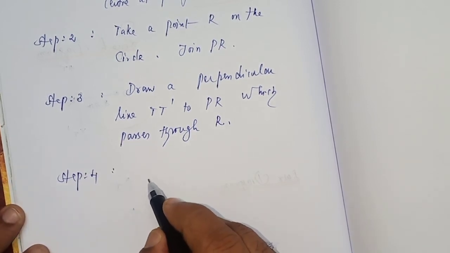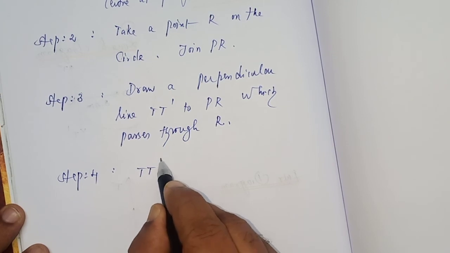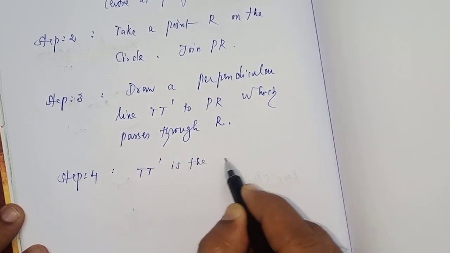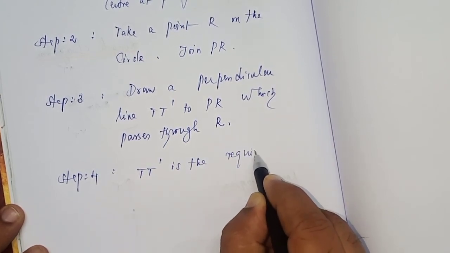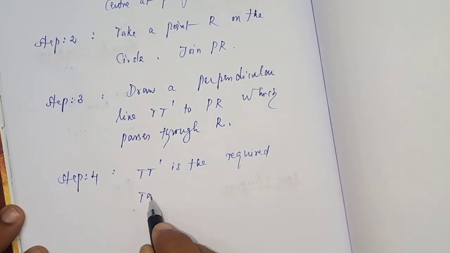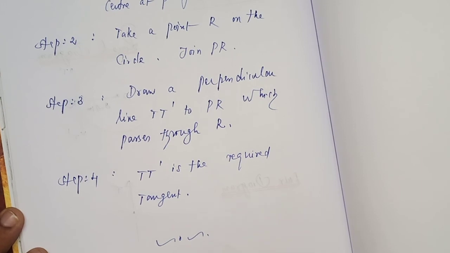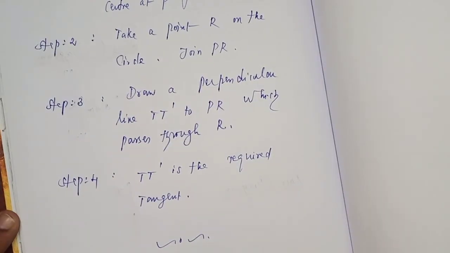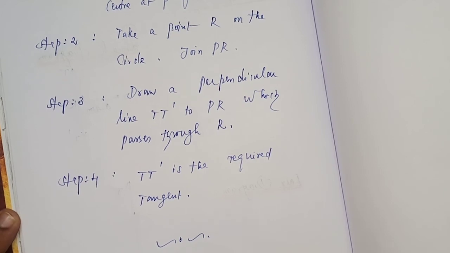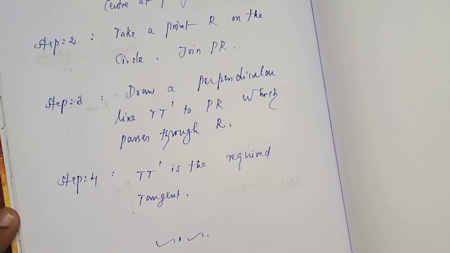TT dash is the required tangent. So question number 12 is over. So construction of a tangent for a circle with using center is over.